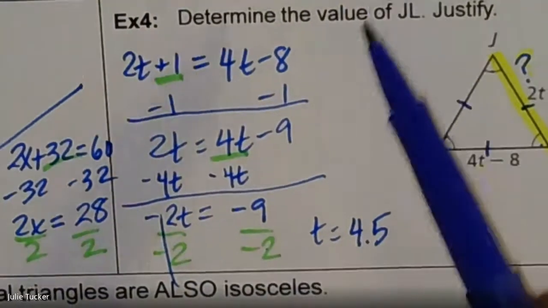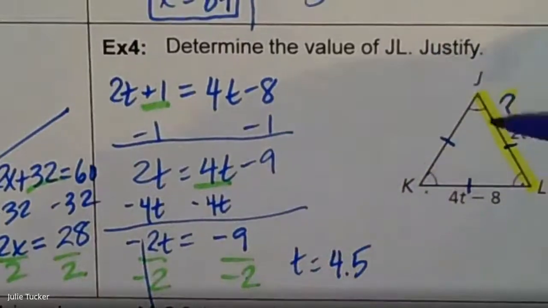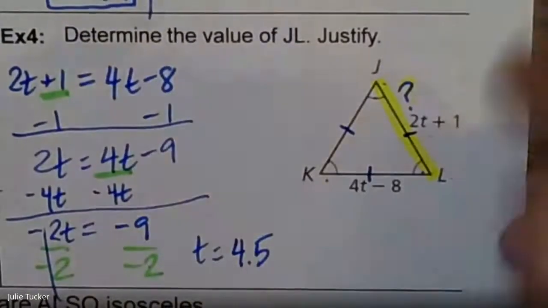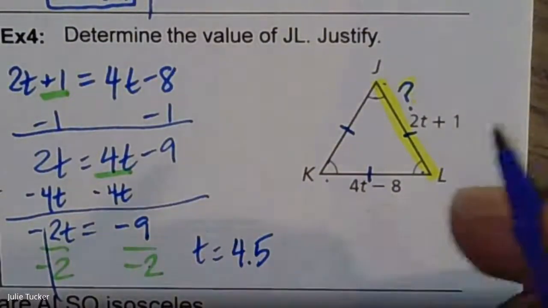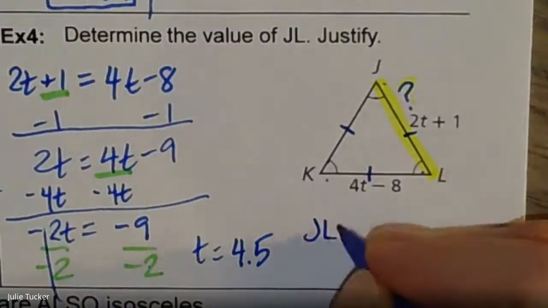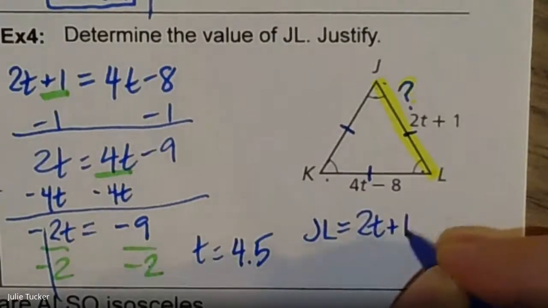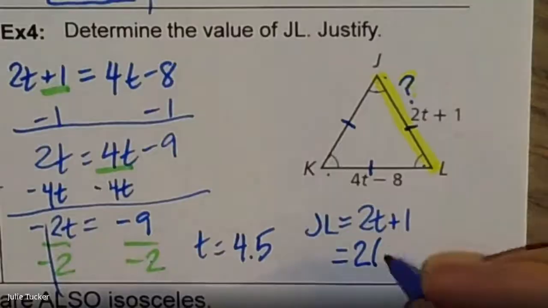They want us to say the value of JL. So JL is this whole side here, which was represented by 2T plus 1. So plug it in. JL equals 2T plus 1, and that equals 2 times 4.5.